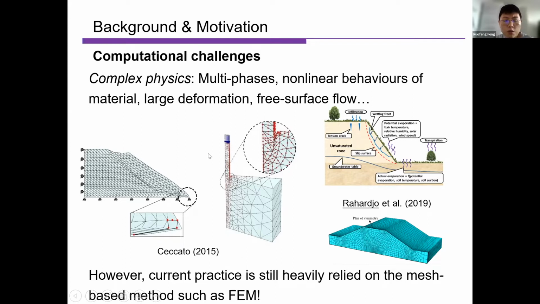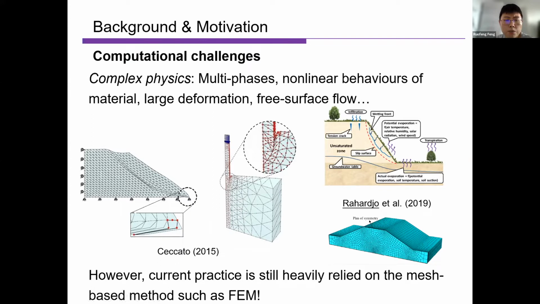However, common practice in geotechnical engineering is still heavily relying on the mesh-based method, such as FEM. Such mesh-based methods have a problem, which is mesh distortion when it comes to large deformation, as we can see from the left figure.